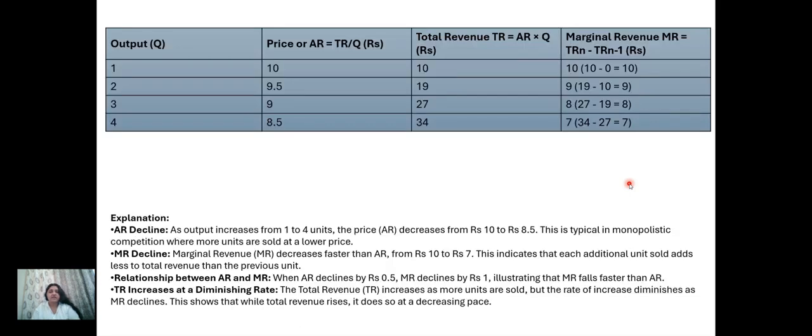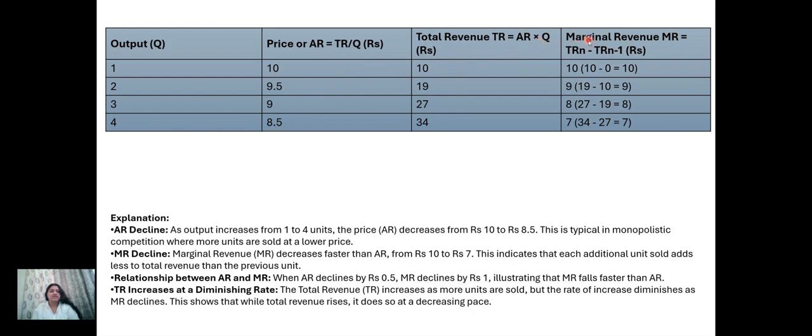Here is another table which explains the AR decline, MR decline, and the relationship between average revenue and marginal revenue, with total revenue increasing at a diminishing rate. Output is 1, 2, 3 and 4. To calculate AR, we take total revenue divided by quantity. To calculate total revenue, the formula is average revenue multiplied by quantity.